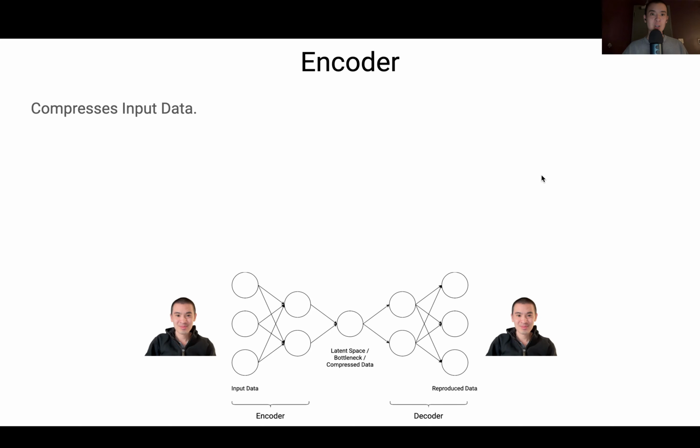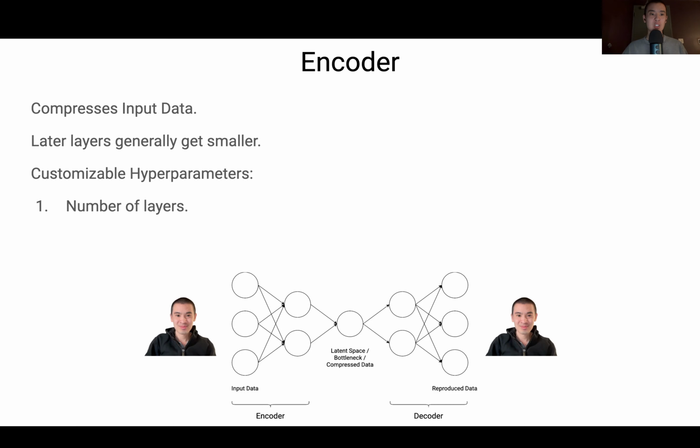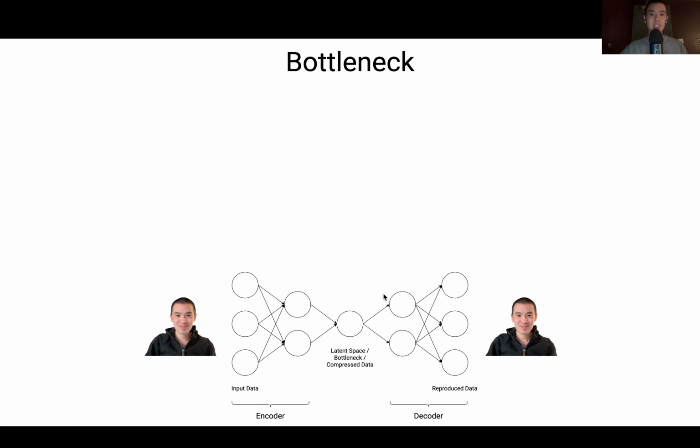Okay, so let's talk about the encoder first. Right here, it compresses input data. Later layers generally get smaller, and there are some customizable hyperparameters, such as the number of layers, the size of layers, and the activation function. Now for the bottleneck, which is like the compressed data, it contains the compression.